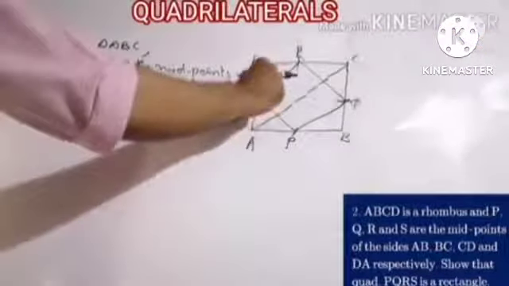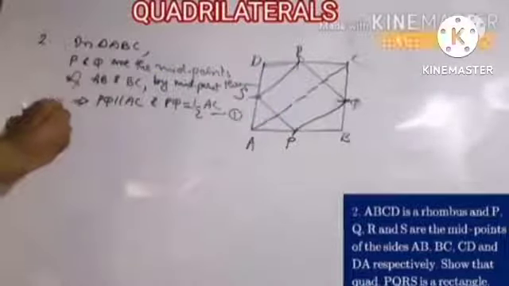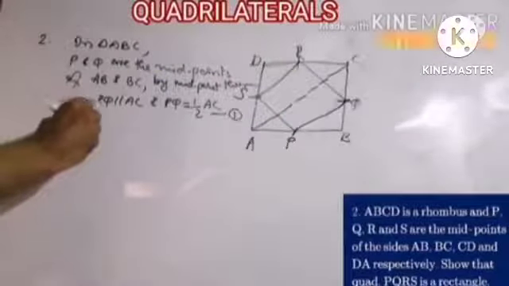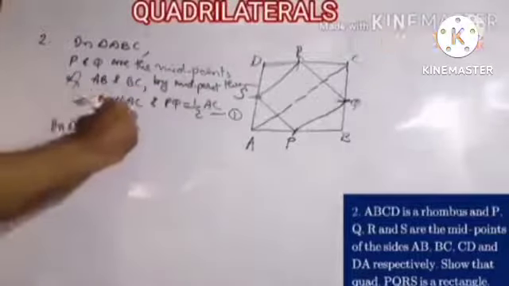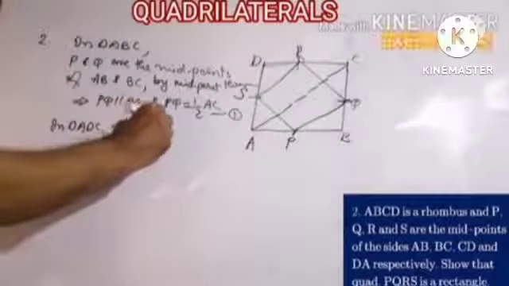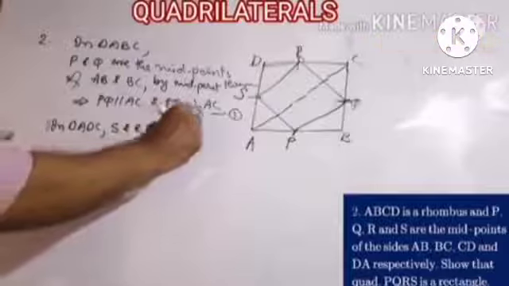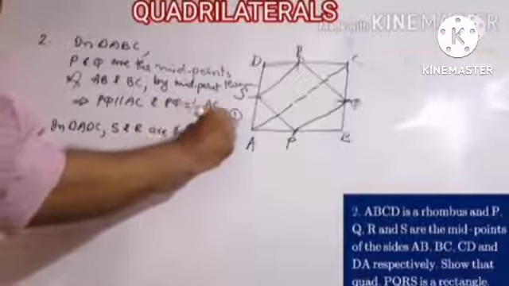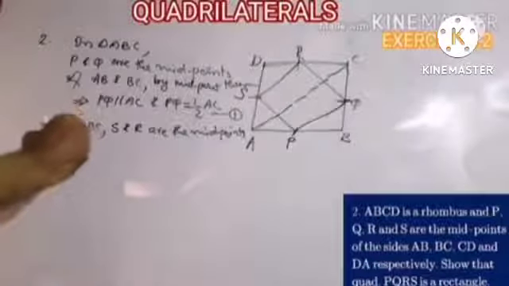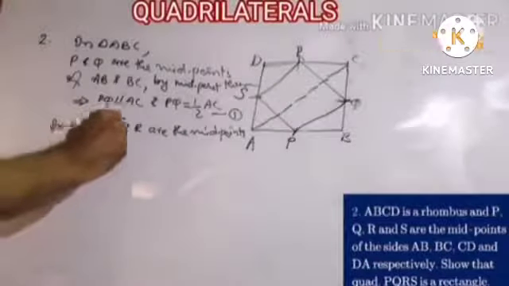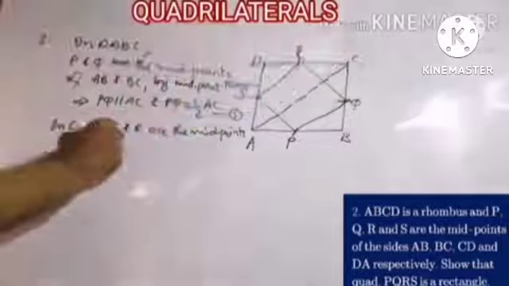Now consider the other triangle. In triangle ADC, which are the midpoints? S and R are the midpoints of AD and CD.